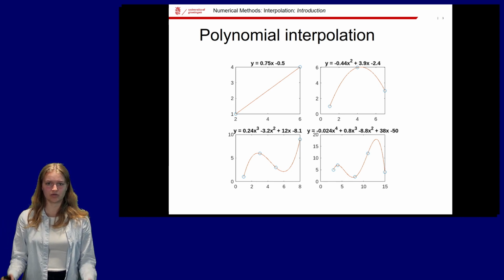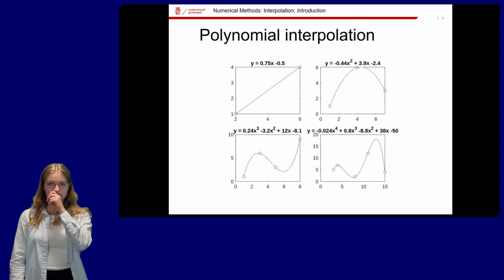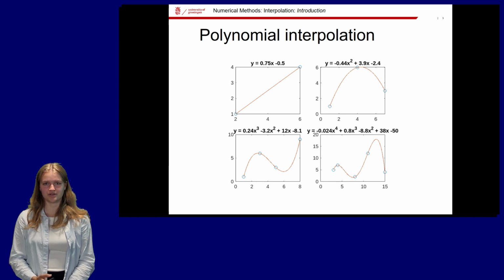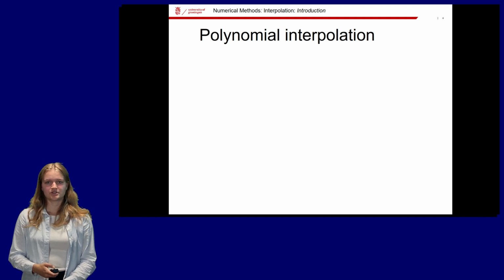You can go up to a very high order, and these figures were created in MATLAB, as will be most examples in these lecture videos. The equations for the polynomials are given in the figure titles.